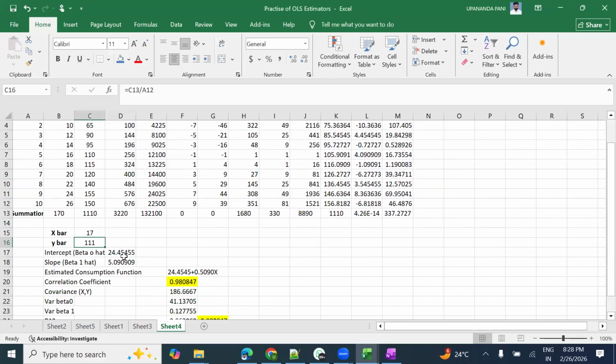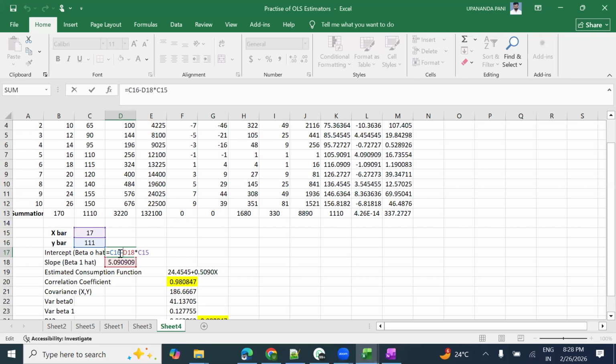Now, the intercept formula we already know. That is y bar minus beta 1 hat into x bar. So, the slope is beta 1 hat.